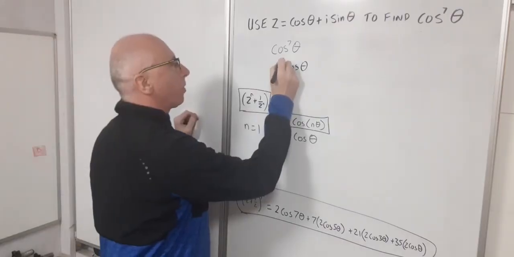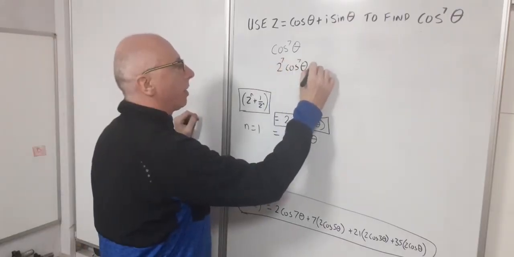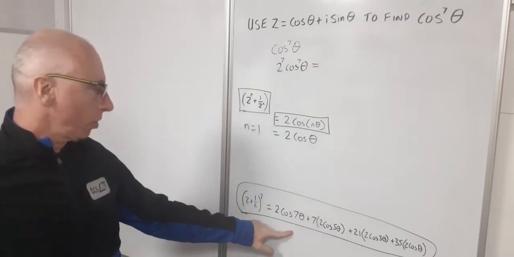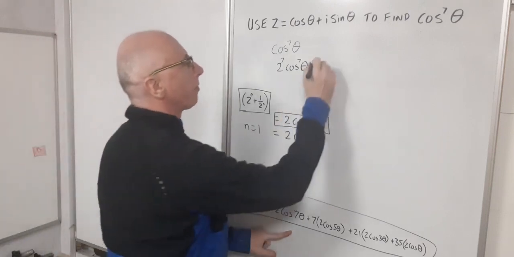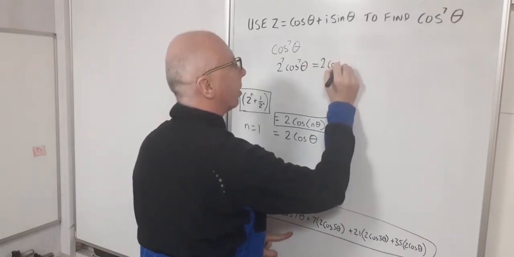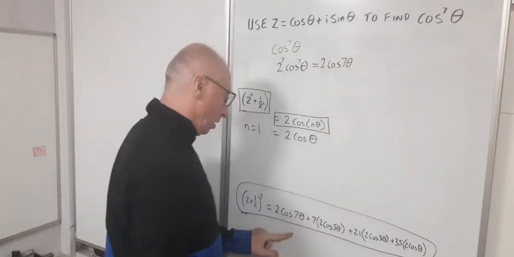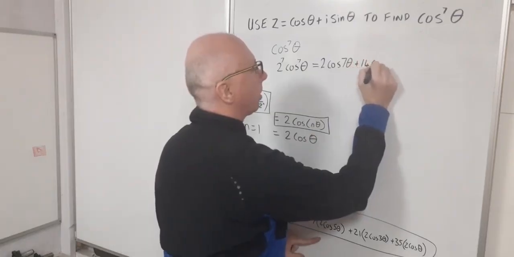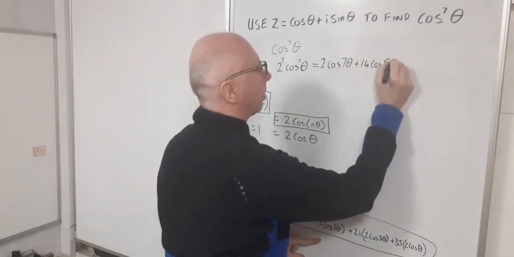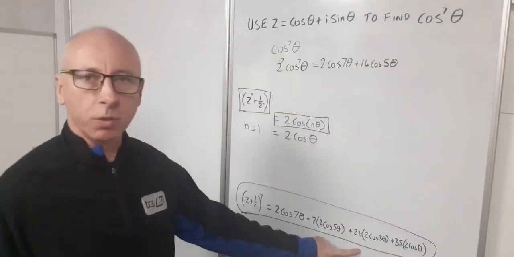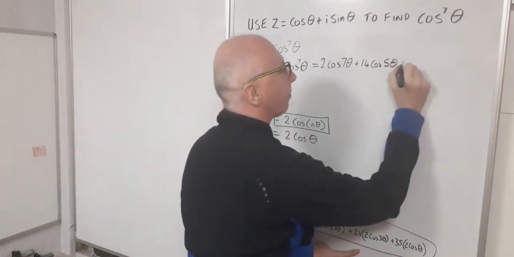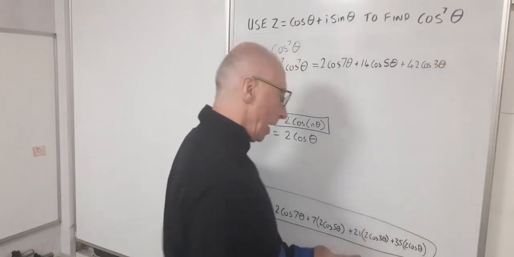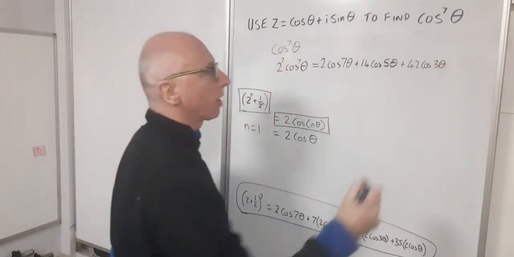So if I raise both of these to the power of 7, then I can simplify out what I've got here. So I've got 2 cosine 7 theta plus 14 cosine 5 theta plus 42 cosine 3 theta and 35 times 2, 70 cosine theta.